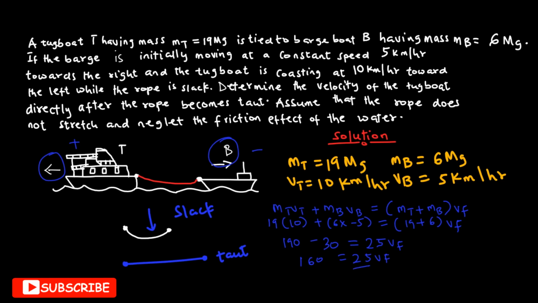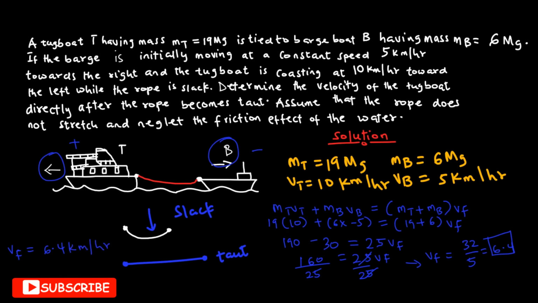I'm going to divide both sides by 25 since I want to find the value of VF. So I will have 160 divided by 25, which gives 32 on 5. So VF is equal to 32 on 5, which is equal to 6.4. We are going to have the final velocity VF equal to 6.4 kilometers per hour.